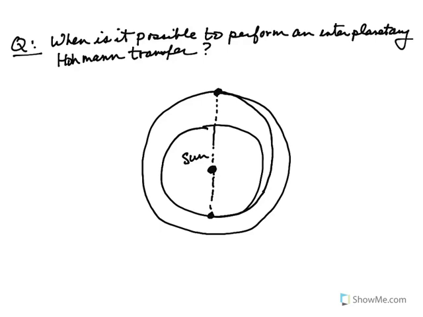So if we're going to do this transfer now, we actually need the timing to be exactly as I've labeled it right here, which is that as we apply the first impulse and we get onto this transfer ellipse, this point right here has to be planet 1 at departure. Because remember, this radius is R1, which is the radius of planet 1, and this is the radius of the orbit of planet 2. So this has got to be planet 1 at departure.